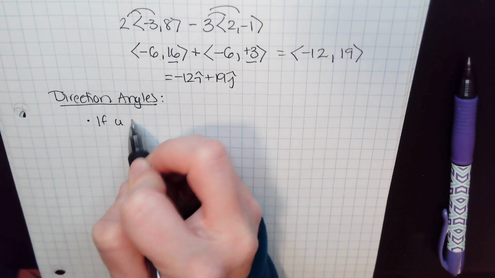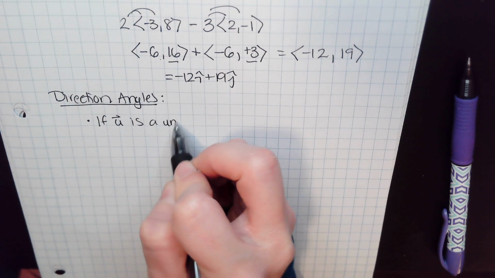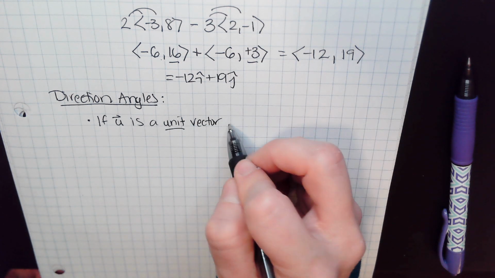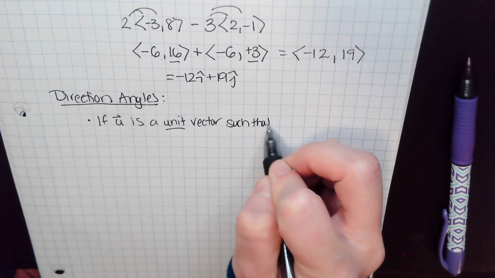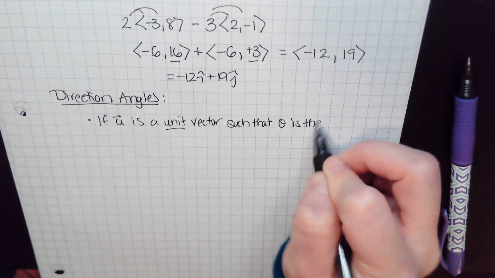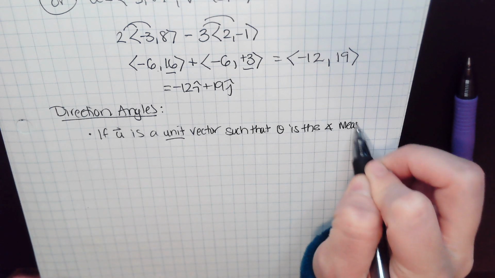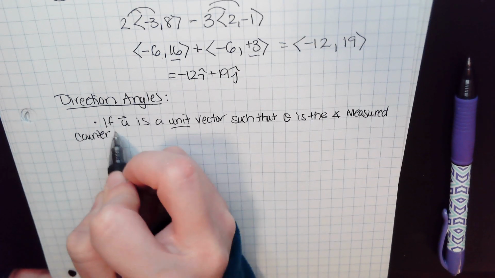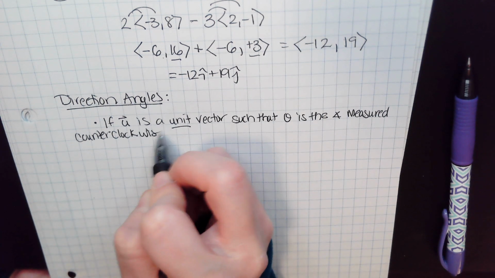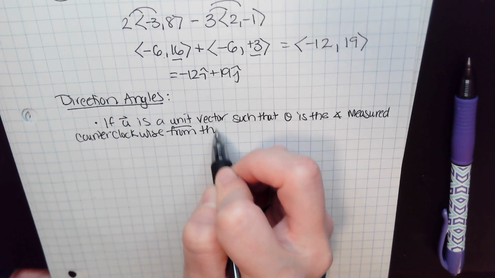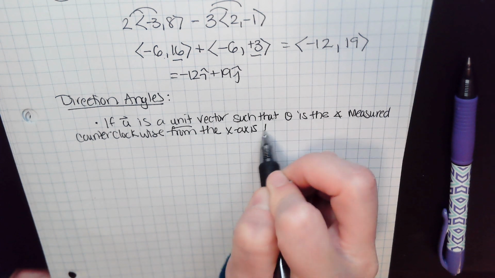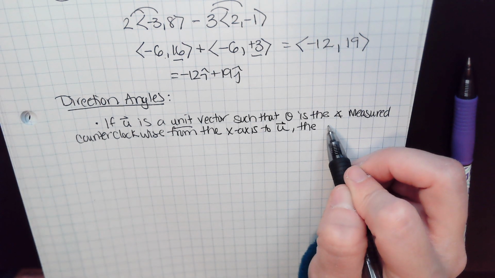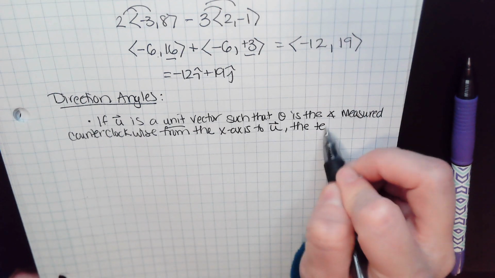So if u is a unit vector, meaning it has a magnitude of 1, such that theta is the angle measured counterclockwise from the x-axis to u, just like we would measure any other angle, like on our unit circle.